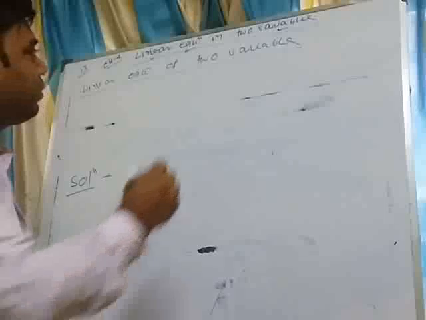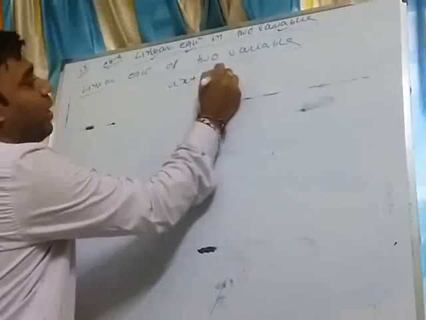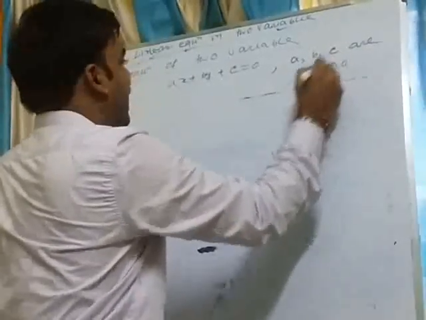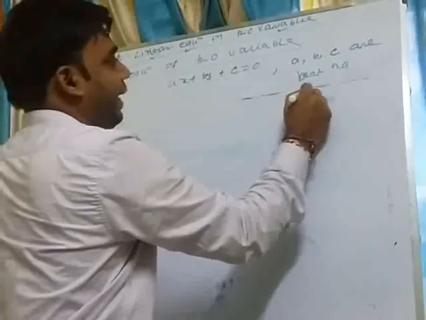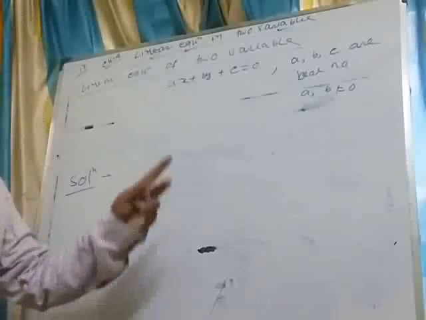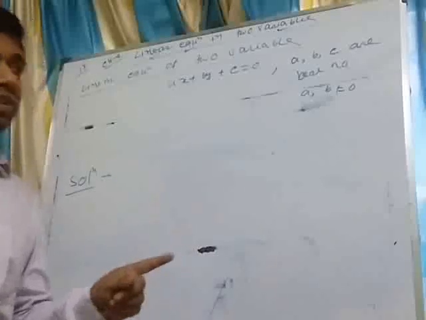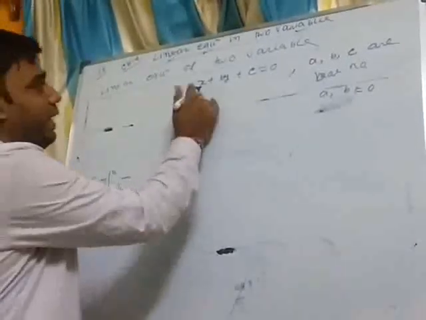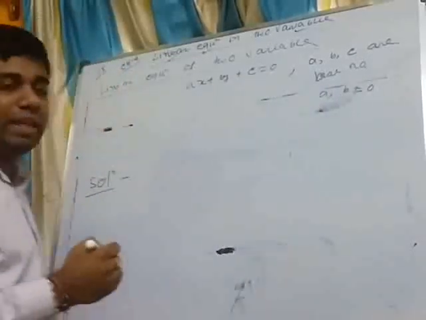The general form of a linear equation in two variables is ax plus by plus c equal to 0, where a, b, c are real numbers and a and b must not be equal to 0. If a or b is 0, that is, if anyone between a and b is 0, then it reduces to a linear equation in one variable. So the general form of a linear equation in two variables is ax plus by plus c equal to 0, where a, b, c are real numbers and a and b are not equal to 0.